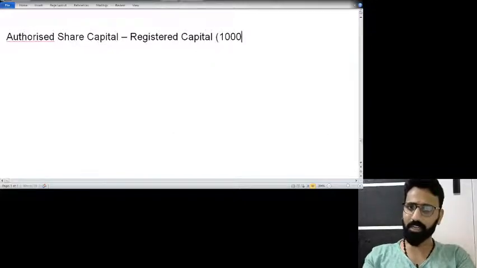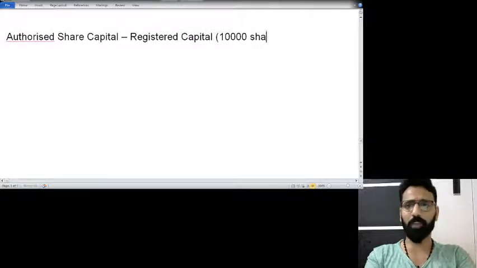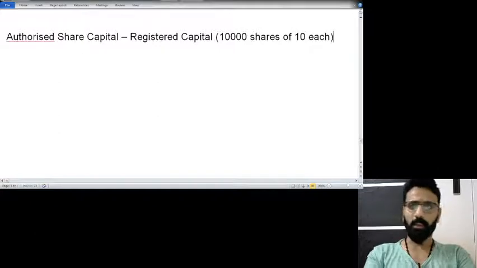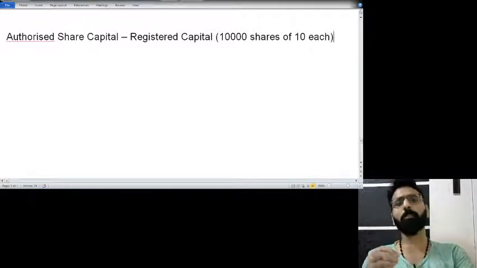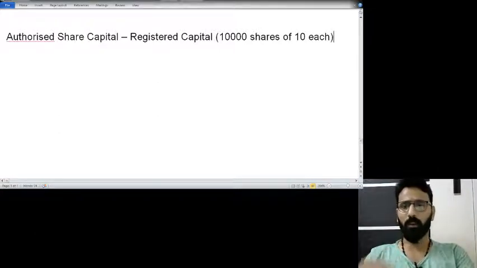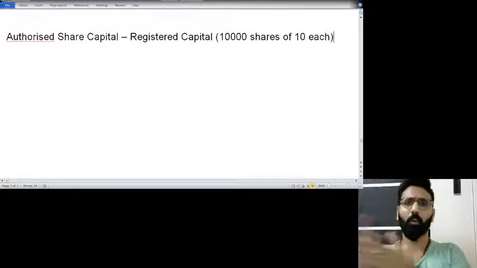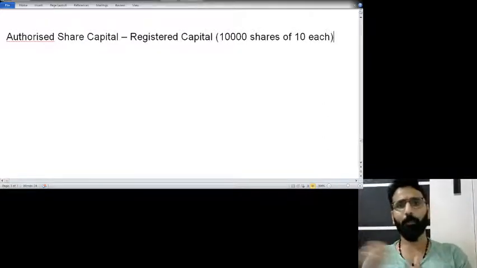Company mentioned in its memorandum of association that it will have 10,000 shares of 10 each. It means the maximum shares that the company can issue are 10,000 shares. The company can issue more, but for that the company needs to increase the authorized capital, and that is a different topic, dealt with in corporate laws.